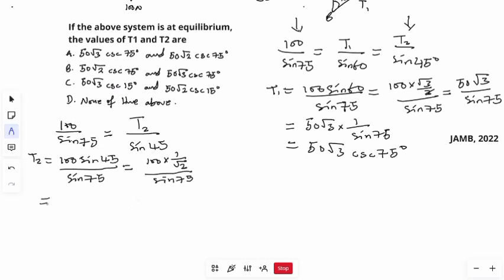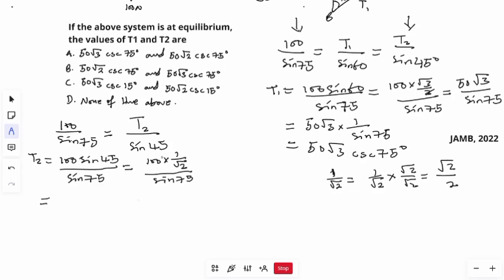So this equals, if you rationalize 1 over root 2, actually in mathematics there's something we call rationalization. Rationalizing it means you multiply it by root 2 over root 2. Root 2 times root 2 gives you 2, so you end up having root 2 divided by 2. Rationalization means a way of simplifying such that you remove the square root on the denominator.